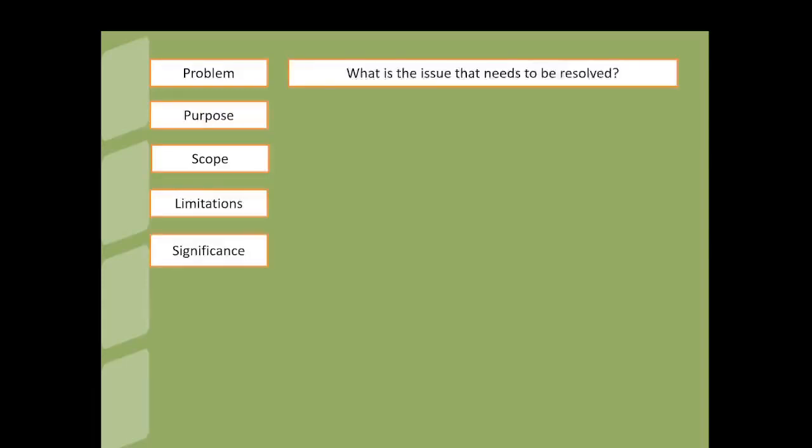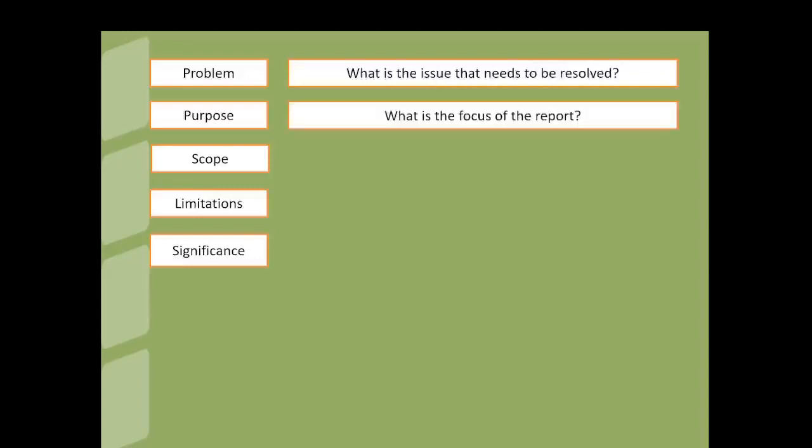You must write about the problem which this report would be addressing, the purpose, the scope, limitation, and also the significance. So what's the problem? What issue needs to be resolved as a result of writing this report? What is the main focus of this report? That's your purpose.